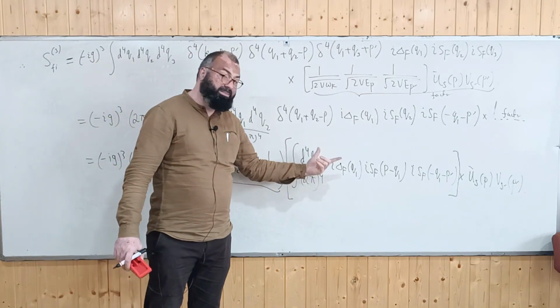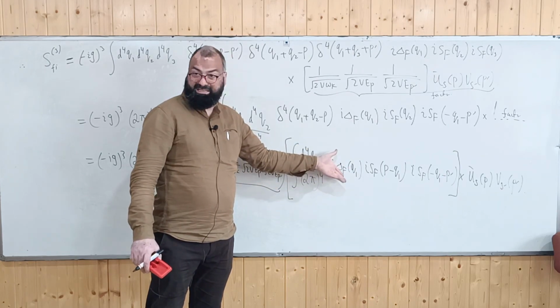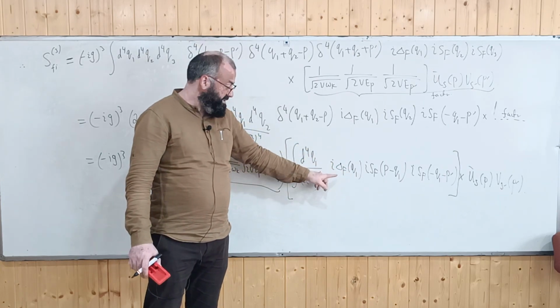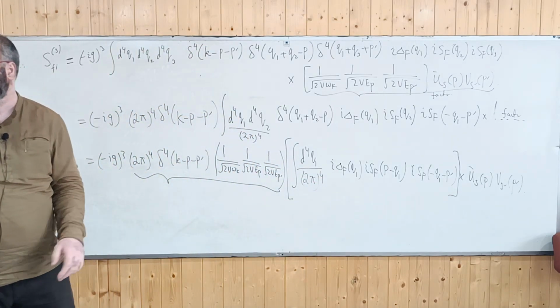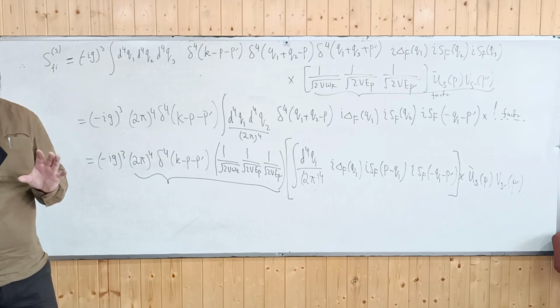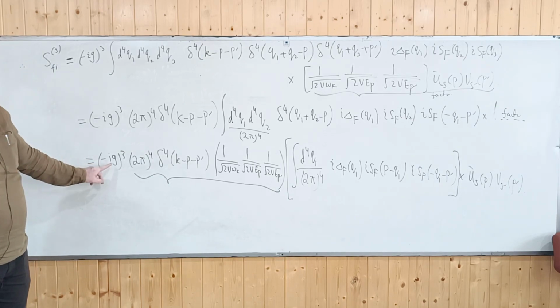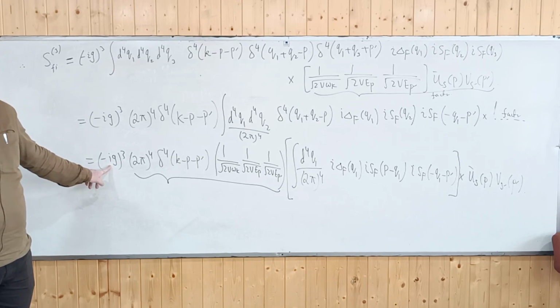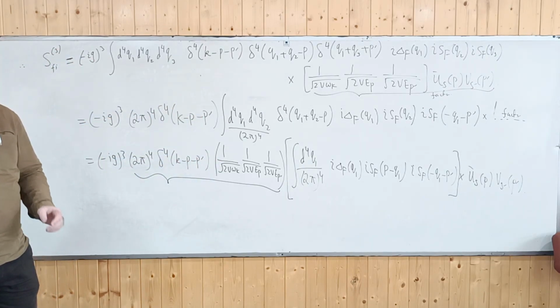In between you have the internal lines of the diagram shown by this thing, so it represents your dynamics, because these are the propagators. A propagator simply signifies the dynamics of the system. And the kind of interaction is given by this g, the coupling constant. Except for this, whatever factors you are having represent the Feynman amplitude of the process.